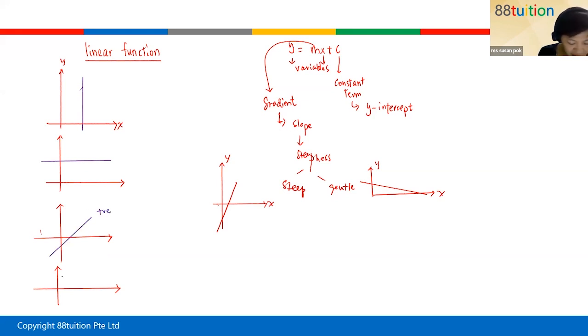This one is called a negative graph. Negative means you have a minus gradient. So this is a positive gradient for a positive graph, and a negative gradient for a negative graph. Later, if there are more points to add, I will just add them into the slide here.